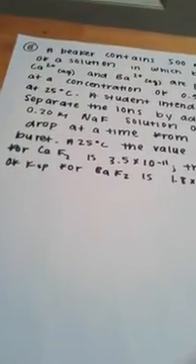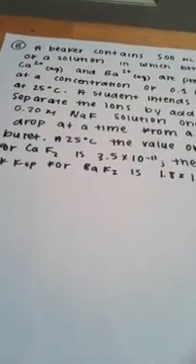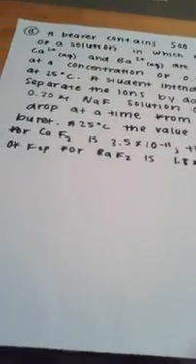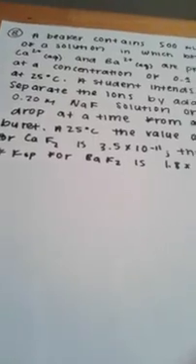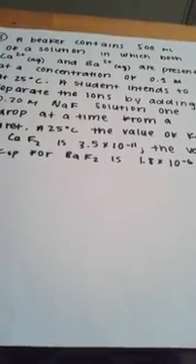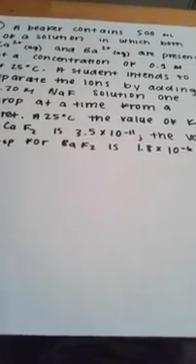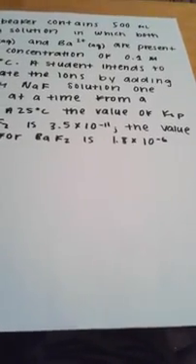A student intends to separate the ions by adding 0.2 molarity sodium fluoride solution, 1 drop at a time from a burette at 25 degrees Celsius. The value of KSP for calcium fluoride is 3.5 times 10 to the negative 11, and the value of KSP for barium fluoride is 1.8 times 10 to the negative 6.